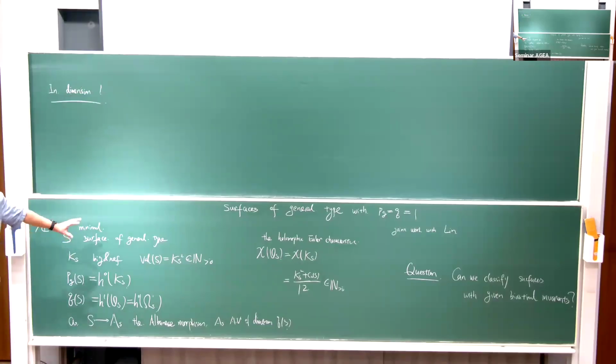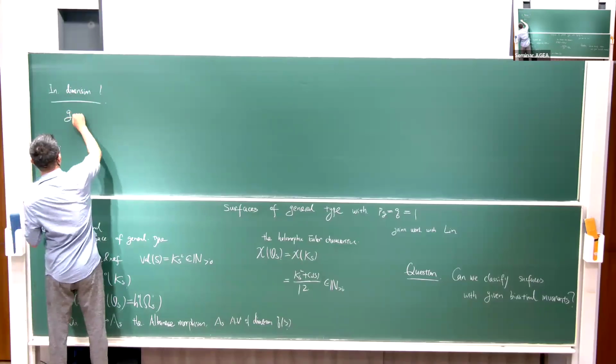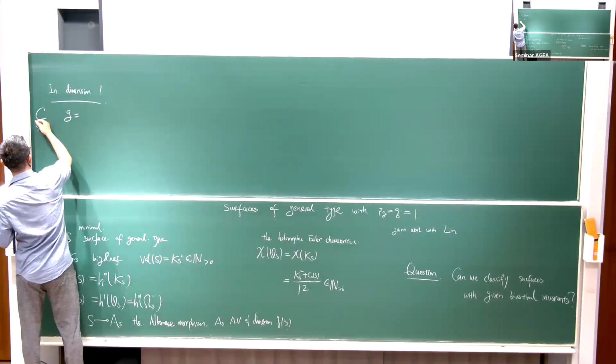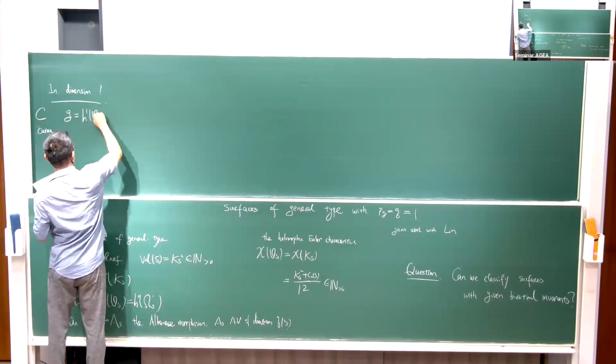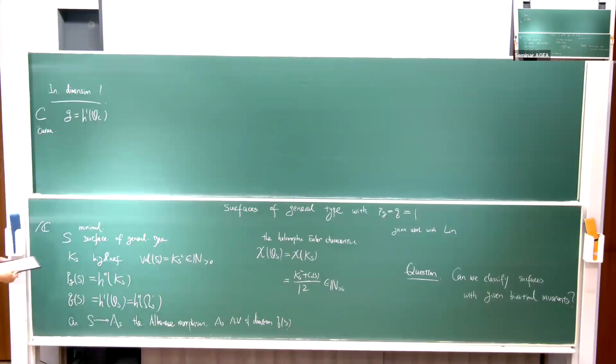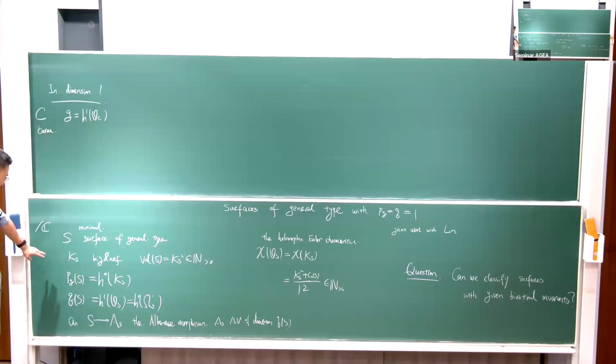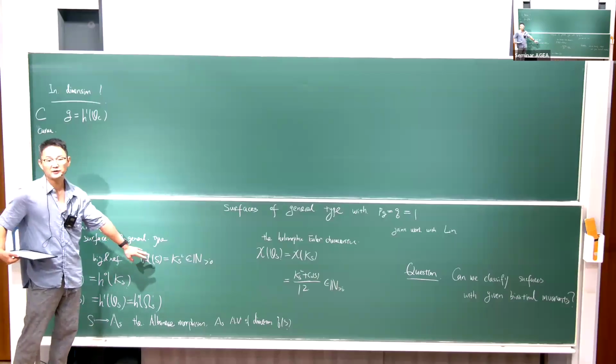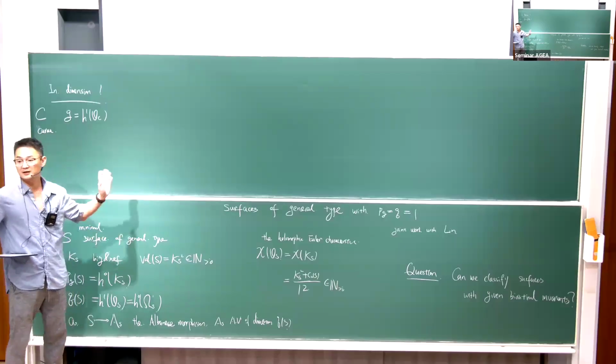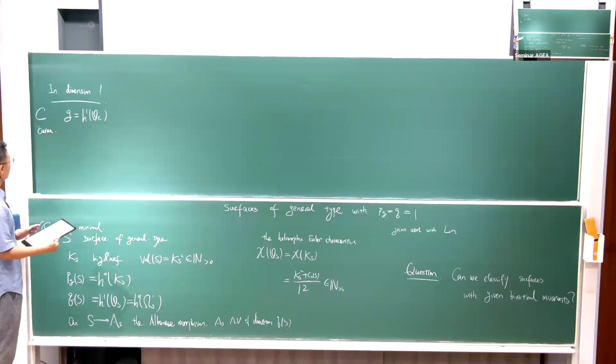Basically we have only one invariant, the genus g of the curve. Here C is a smooth curve. The dimension of the global sections of the canonical bundle is also equal to g, which is the irregularity of the curve, and the degree of the canonical bundle is 2g minus 2. So everything is determined by g, and there are no other invariants.